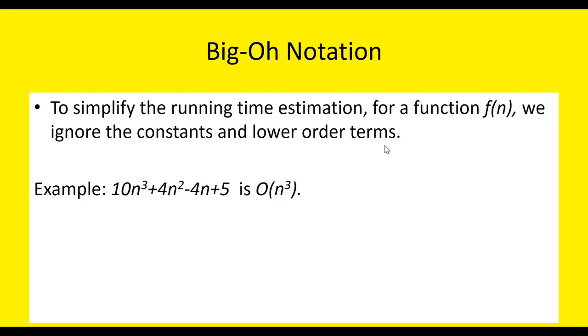So let's see. I have a program, and in that program I have 10 triple for loops, 4 double for loops, 4 single for loops, and then 5 single lines of statements. The order of n of this entire code is decided by the weakest link in it, n cube. So the order is n cube.